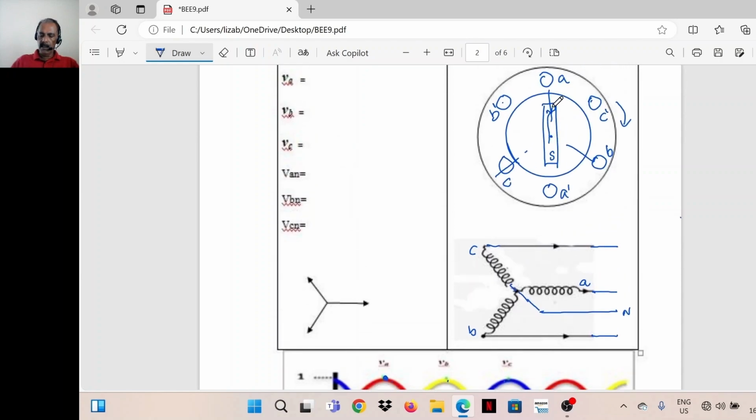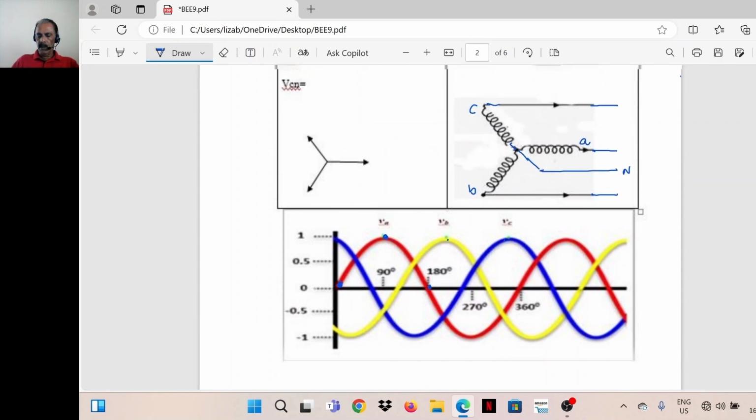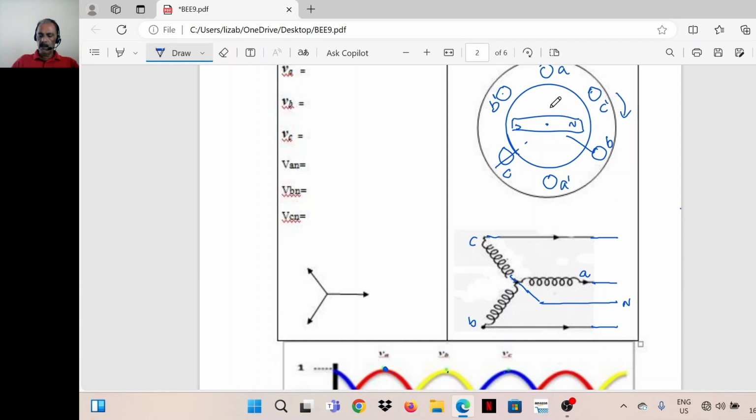Again, when the magnet comes to horizontal position, after another 90-degree rotation, the magnet will come in this position. At that time, the voltage induced in coil A will reduce to 0. Now, coil A comes under the influence of south pole.